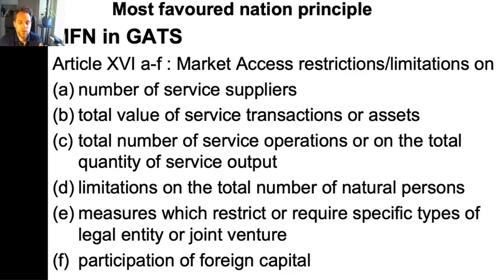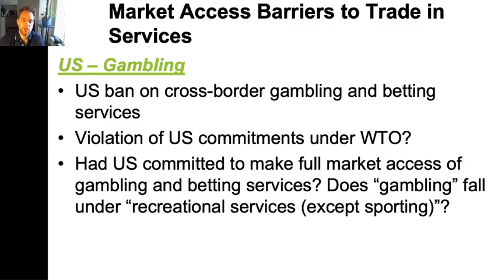Then you can limit the total number of natural persons present in a certain market. And then you also have measures that may restrict or require specific types of legal entity or a joint venture. It's okay, you can access our market, but you have to cooperate or start a joint venture with us or with a company in our state. And also you can limit the participation of foreign capital inside of a given market.